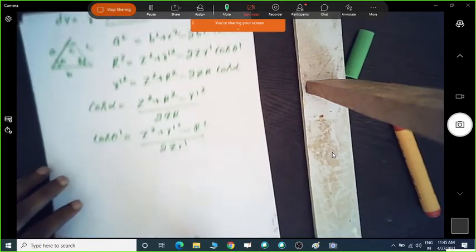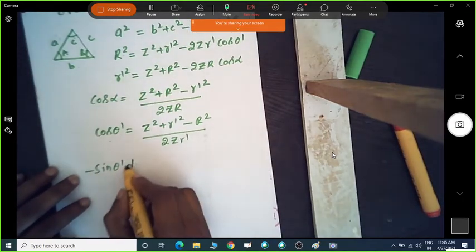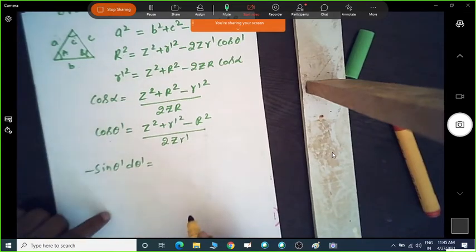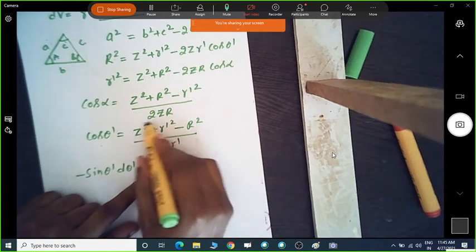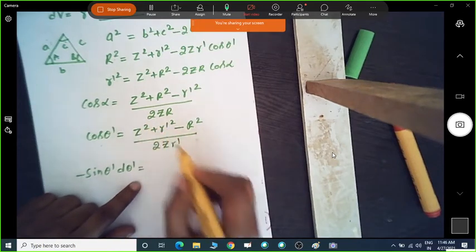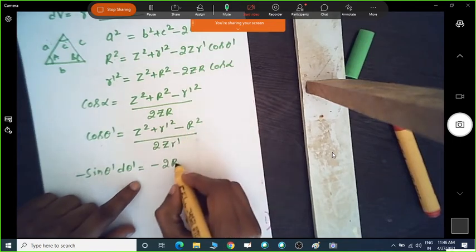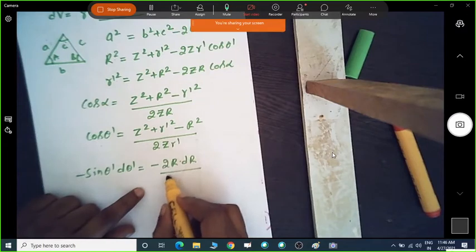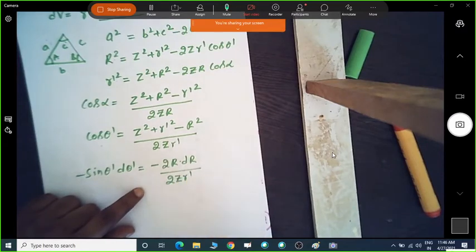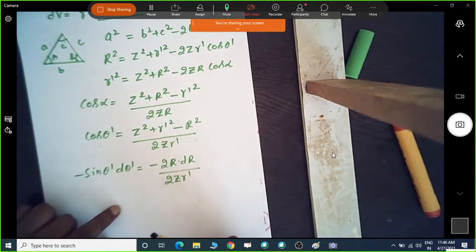If we differentiate this, you will get minus sin theta dash into d theta dash, which is equal to, since this is a constant, its differentiation with respect to theta will be 0, and minus, since r is varying, we have 2r into dr, divided by 2z r dash. We treat r dash as constant and we have 2z r dash.